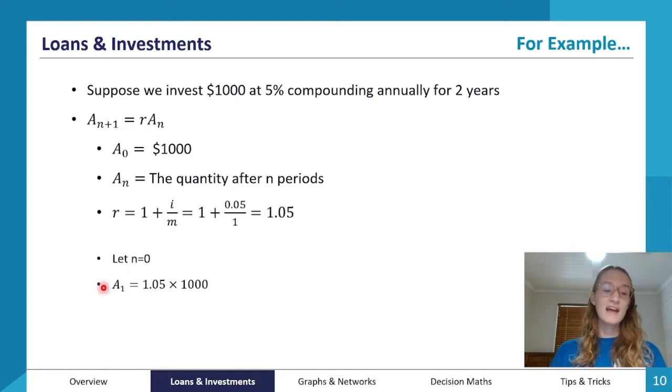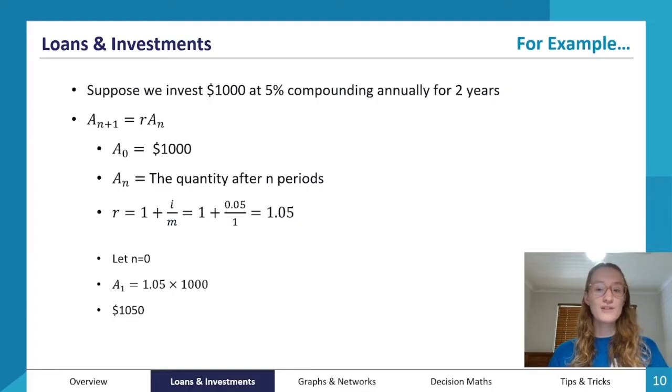So A1, the amount after 1 period, the amount after 1 year in this case, is equal to 1.05, the factor by which it's growing, multiplied by the amount we had to start with, which is $1,000. And that gives us $1,050. So here we can see that the quantity after 1 year is $1,050.